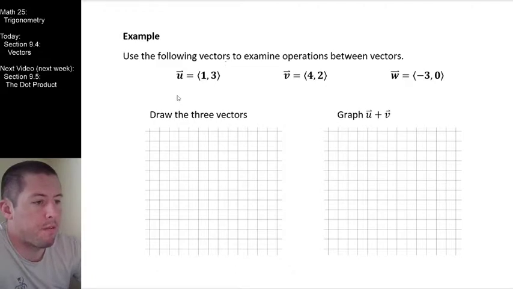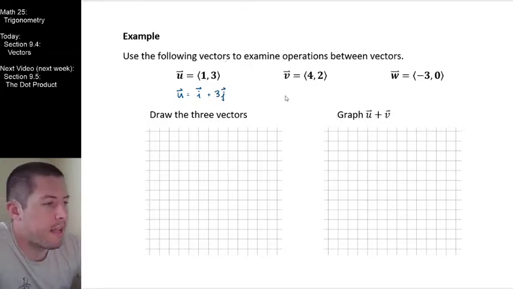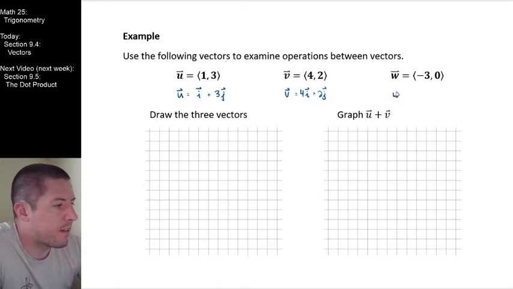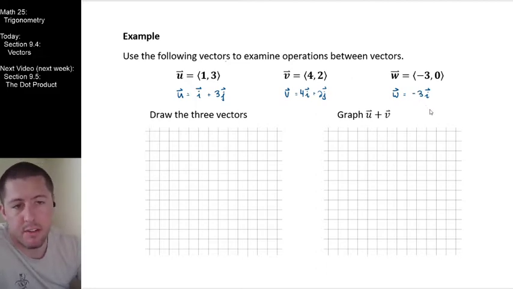We've got our component form, so I might say that u is the vector i plus 3j. I might say that the vector v is 4i plus 2j. And we might say that the vector w is the vector negative 3i, right? There is no j component on that w vector right here.